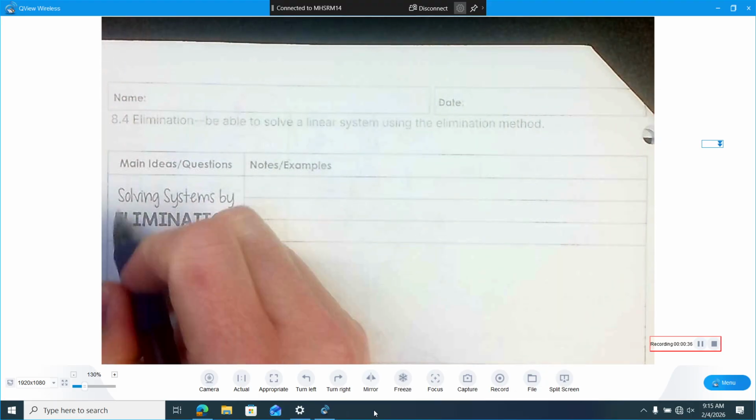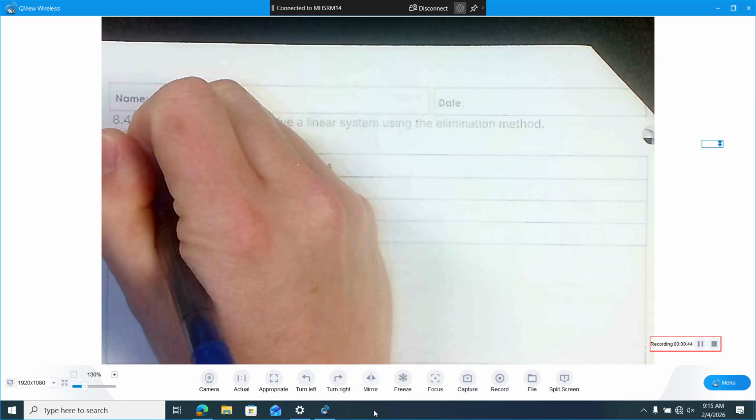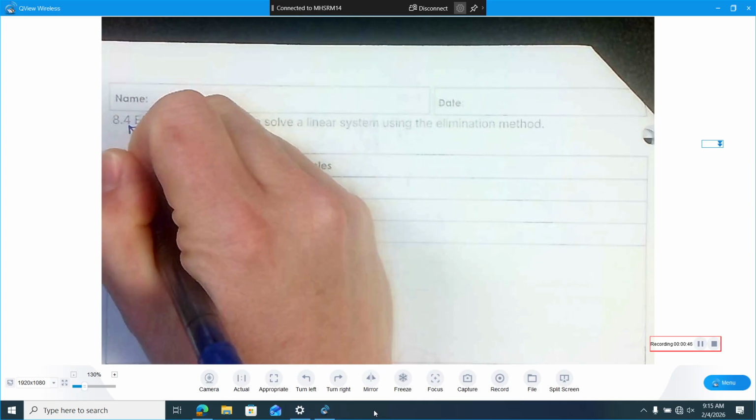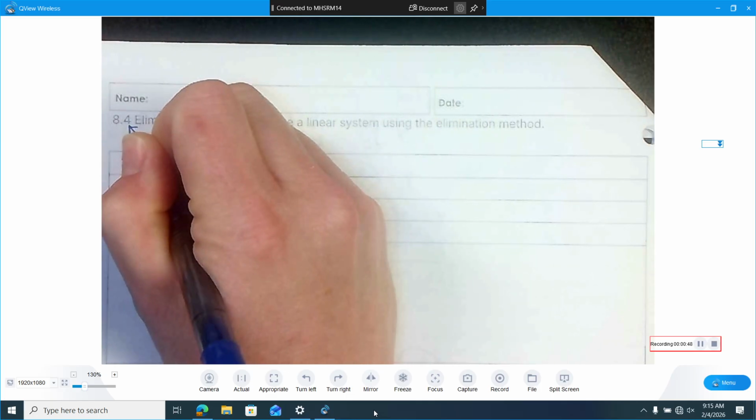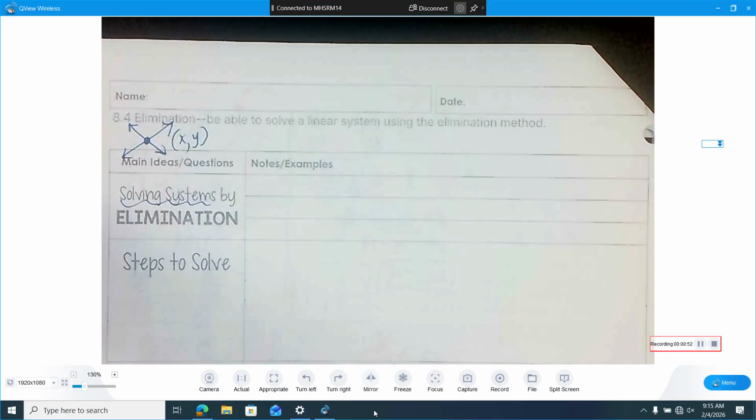So again, we are solving systems of equations, and I just want to remind you, we have equations that are lines, and sometimes those lines intersect, and we get one solution where they cross. We get an answer for x and y where the two lines intersect.